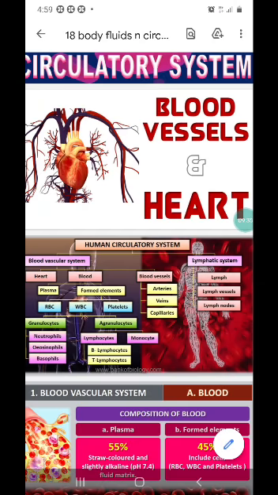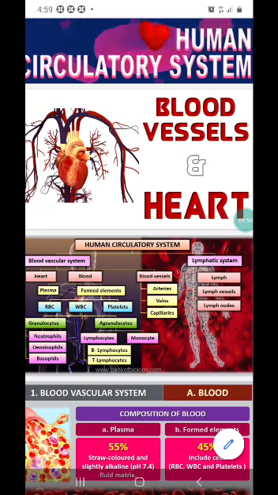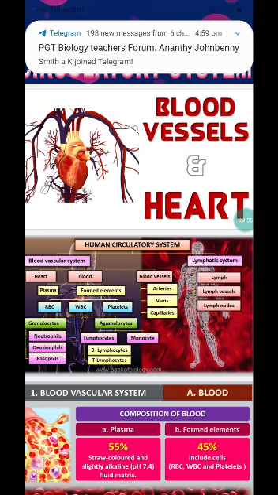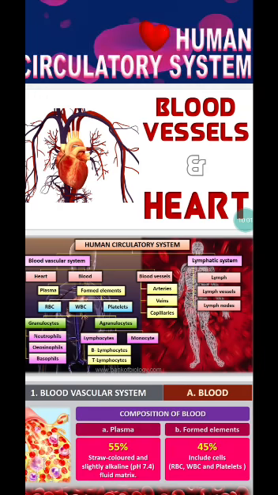And WBC or leukocytes, and platelets or thrombocytes. Clear? Now again coming to WBCs, there are 5 different types of WBCs, children. WBCs form the main organ of the immune system, and there are 5 different types.